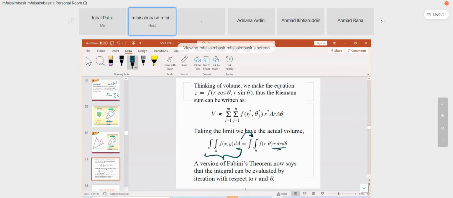Just replace dA with R dr dθ, and your function in x, y must be in terms of R, theta to use polar coordinates. And for your cases, you don't need to know the reverse order, d theta dr. So in your syllabus, you just cover R dr dθ. No need for R d theta dr.